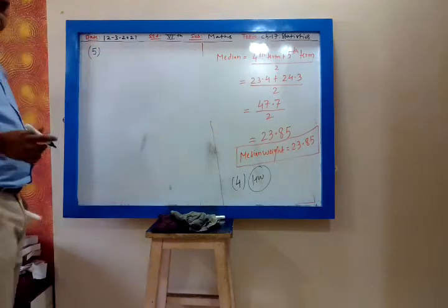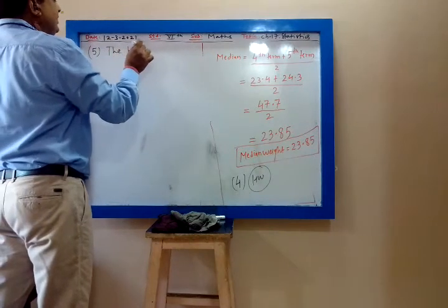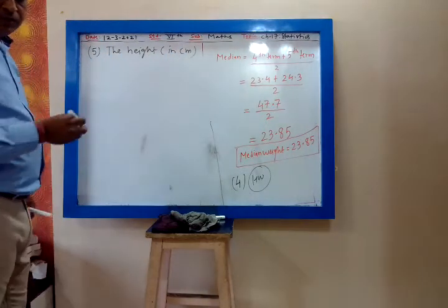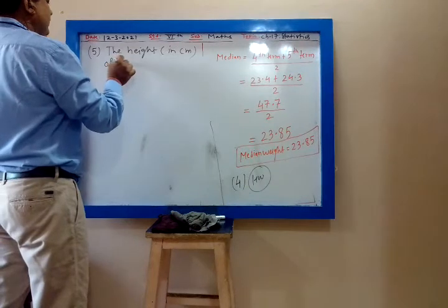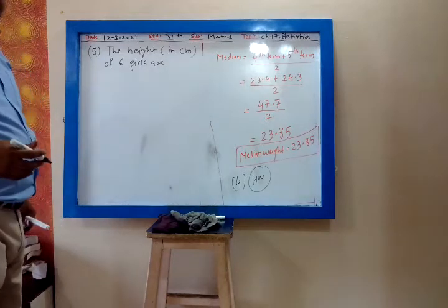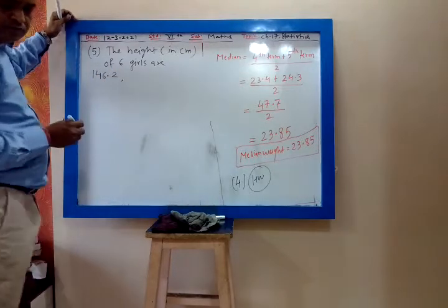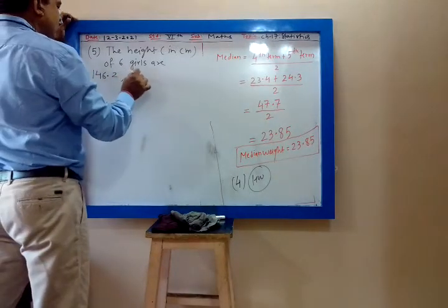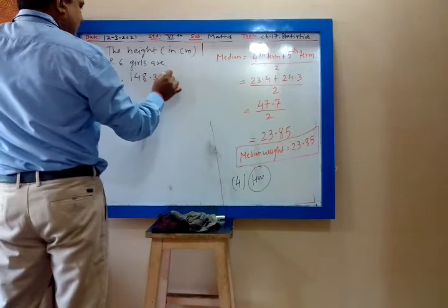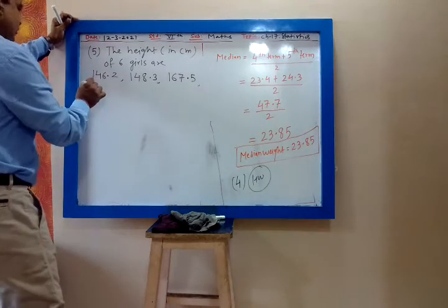Now the question: the height in centimeter of 6 girls are given: 146.2, 148.3, 167.5, 132.5, 160.4, 171.6. Find the median height.